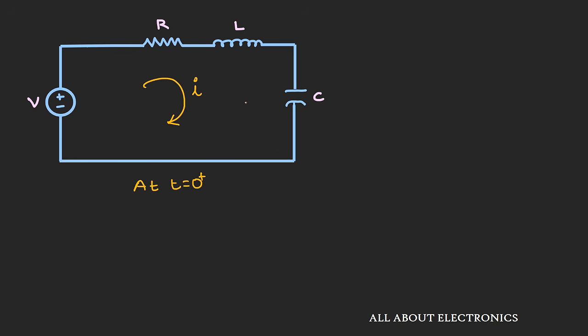So first of all, let's apply Kirchhoff's voltage law in this circuit. Applying KVL, we can write V is equal to VR plus VL plus VC, where VR, VL and VC are the voltage across these three elements respectively. Now the same current I is also flowing through this capacitor.